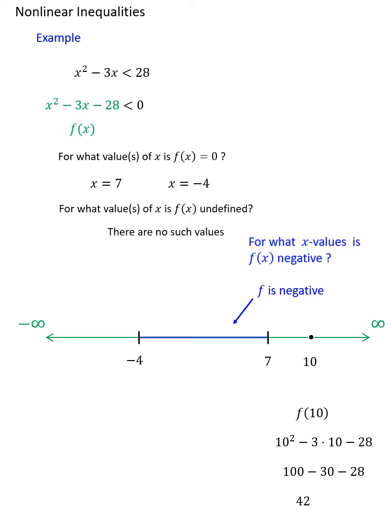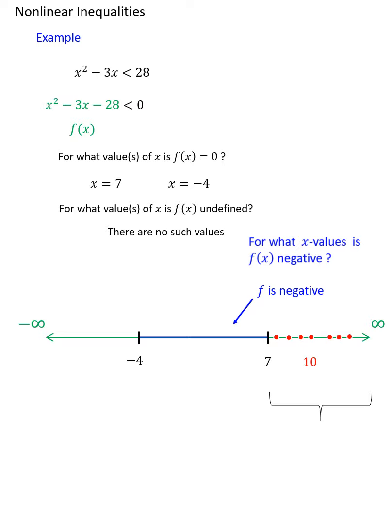If the function is positive when x is 10, then it can't be a solution to our inequality. But wait a minute. If the function is positive at 10, meaning when you plug 10 into the function, you get a positive answer, then wouldn't you also get a positive answer anywhere in this interval, such as here, or here, or here, or here?